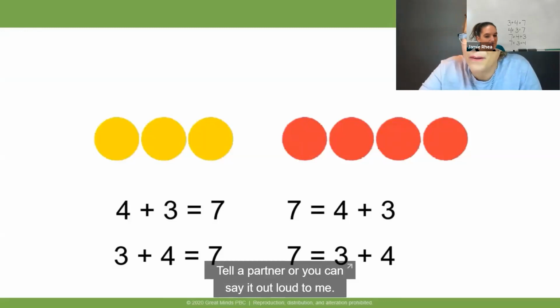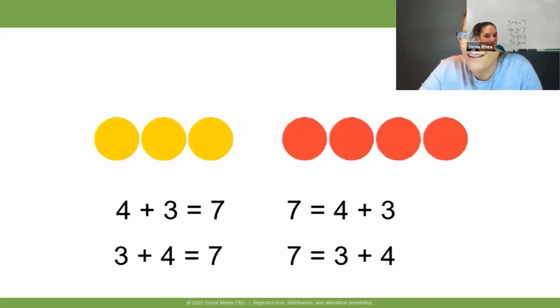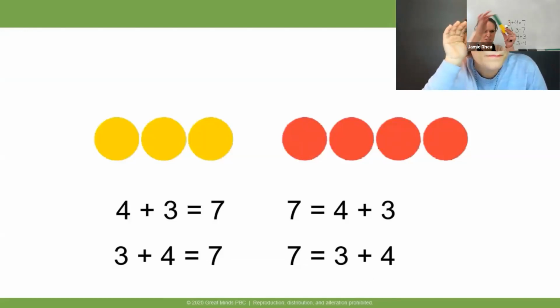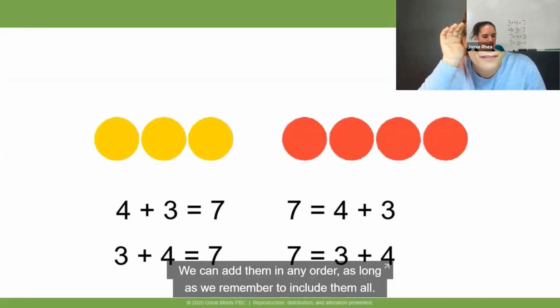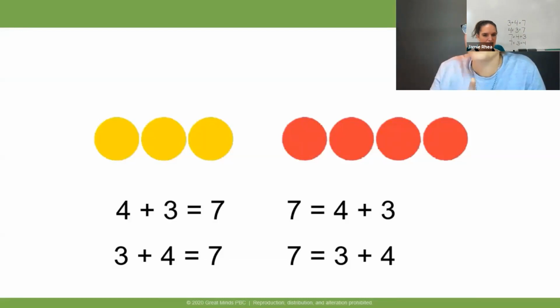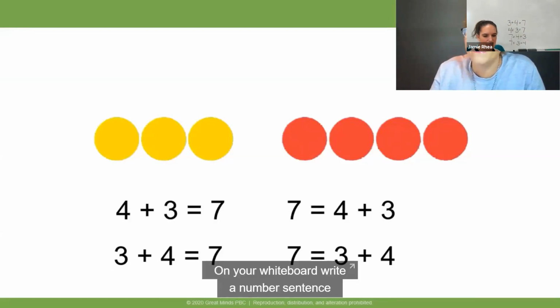How is this possible? Tell a partner, or you can say it out loud to me. Remember, we just flipped it around. Still the same number of cubes, we just flipped it. The number of reds and yellows did not change. We can add them in any order as long as we remember to include them all.